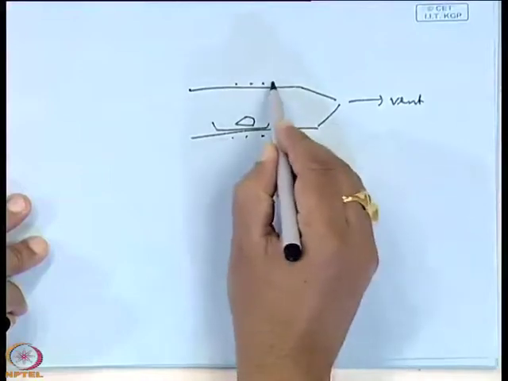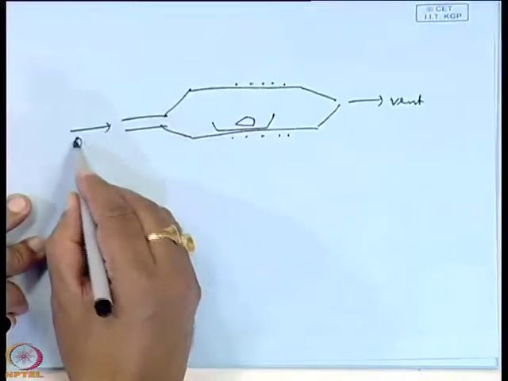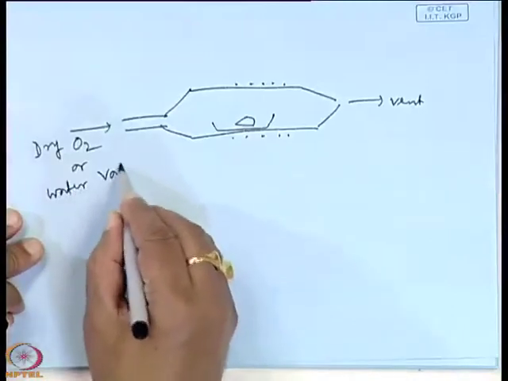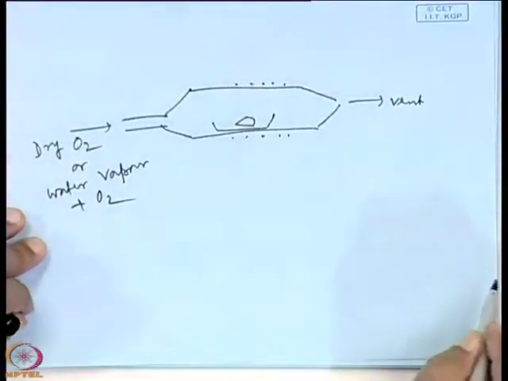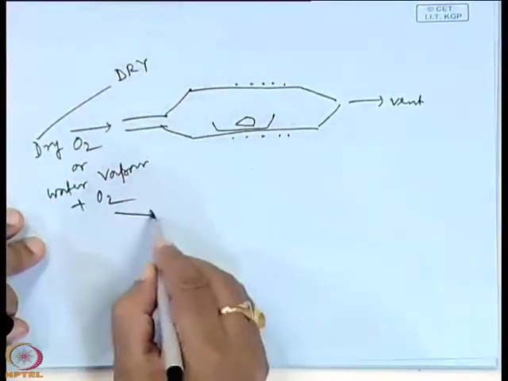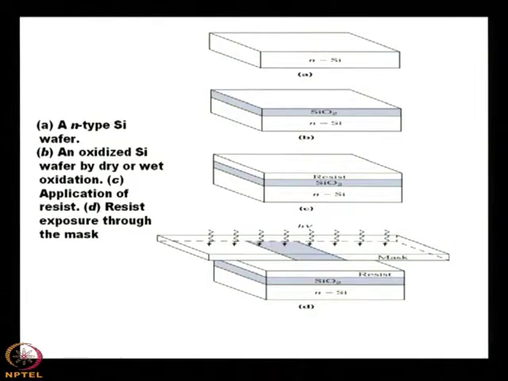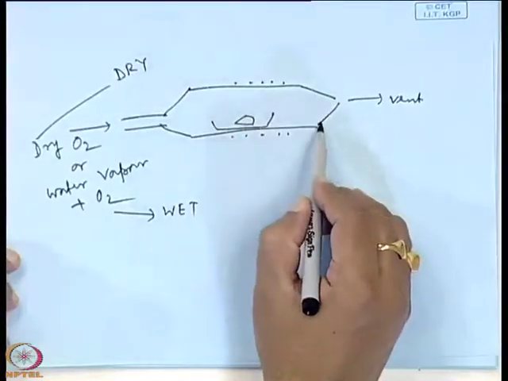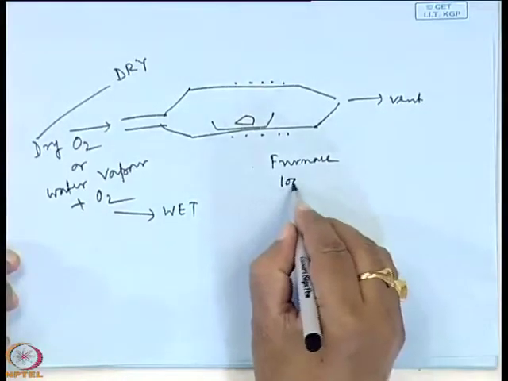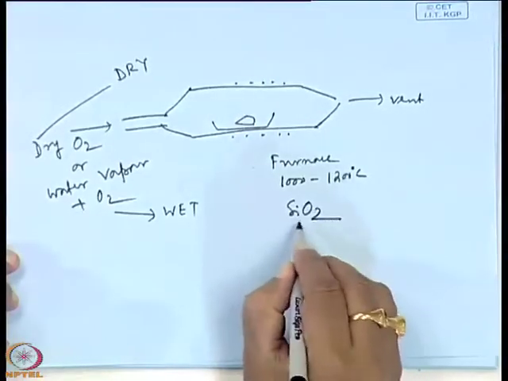This is the heating element, which can be controlled, and you send either dry oxygen or water vapor plus oxygen. For dry oxygen, it will be dry oxidation, otherwise it will be wet oxidation. So, that is the system. That means, just using a simple furnace, the temperature of the furnace will be 1000 to 1200 degrees centigrade for silicon oxidation, that means, for fabrication of SiO2.